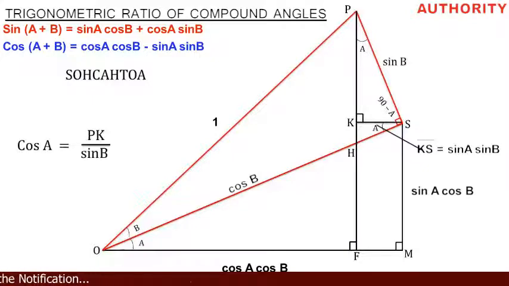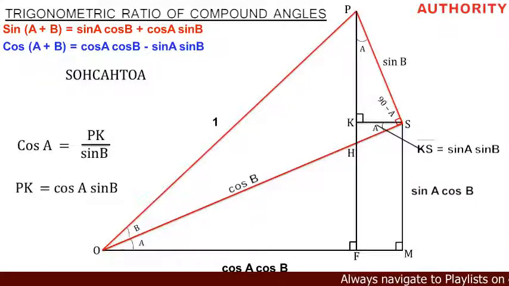Our adjacent is PK, all over our hypotenuse, which you know to be sin B. So cos A is equal to PK over sin B.